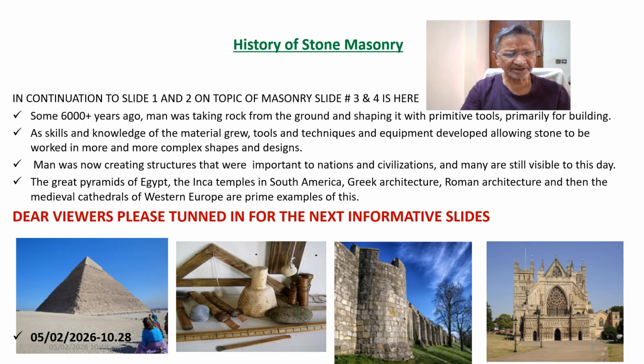These buildings are very popular, and in ancient times buildings constructed included the Egyptian pyramids, Inca temples, Greek and Roman buildings, and medieval European cathedrals and churches. You can see the buildings in this slide also.